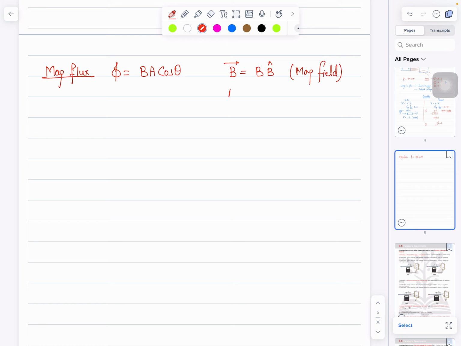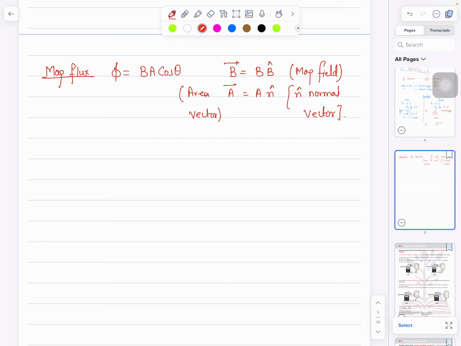A is the area, which is your area vector. So area vector A is equal to A n cap, because it's a tensor quantity. You can say n cap is your unit vector, but it's a normal vector. Now there are cases, because these cases are going to be used in the numericals.